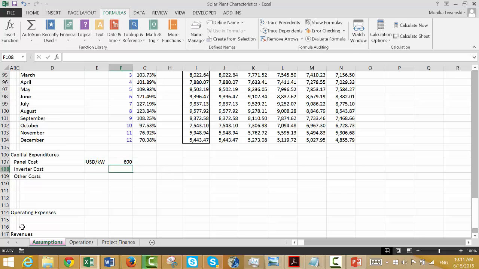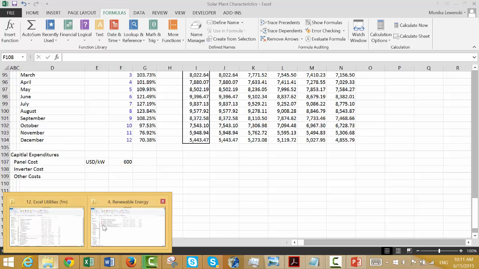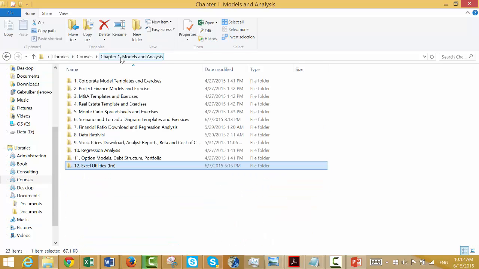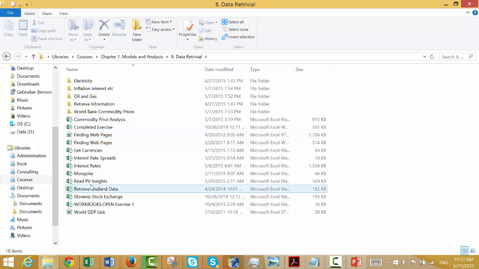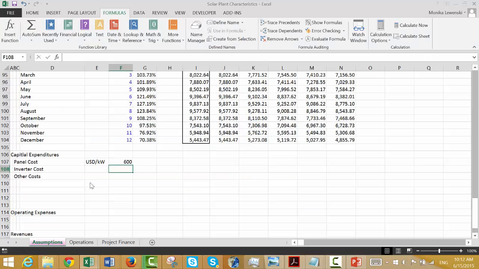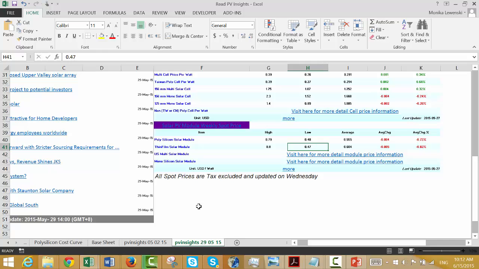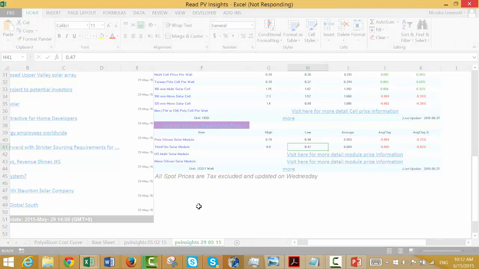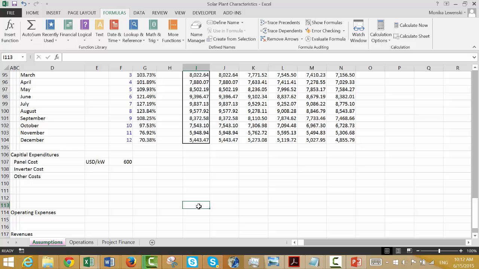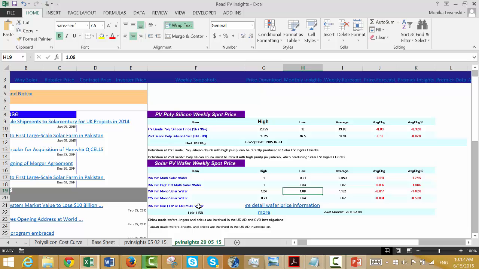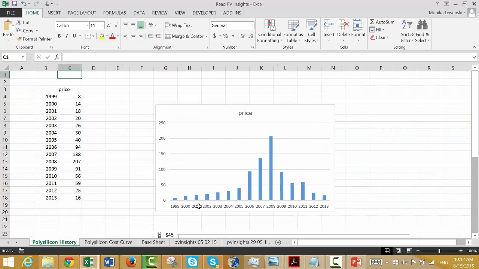Now, if you want to get this, here's what I did on this one. If you go to chapter number 1 and then go to data retrieval, somewhere I have something called read PV insights. I'm not going to waste your time showing you how to download these things.